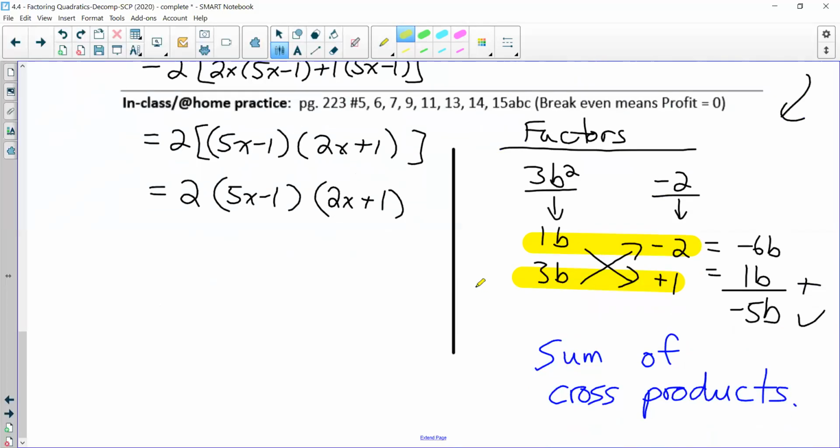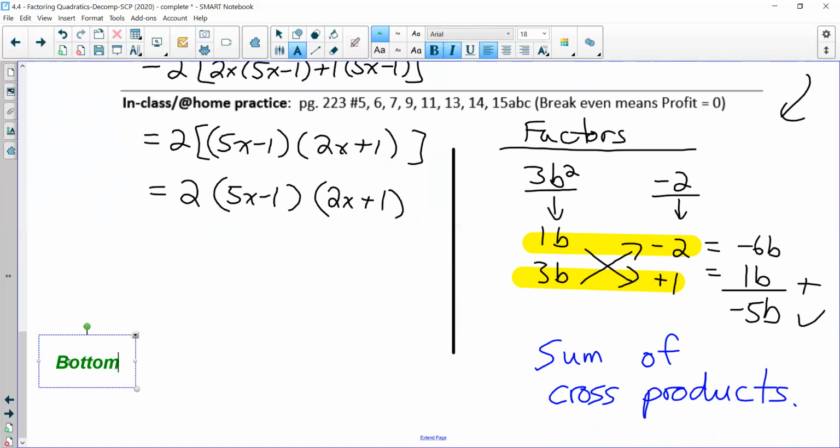Hopefully these techniques help. And lastly, like I said, on my YouTube channel, there is another technique for factoring this type of trinomial. You can take a look at that video if you wish, and that's another technique that'll also work for factoring trinomials where the a value is not equal to 1.